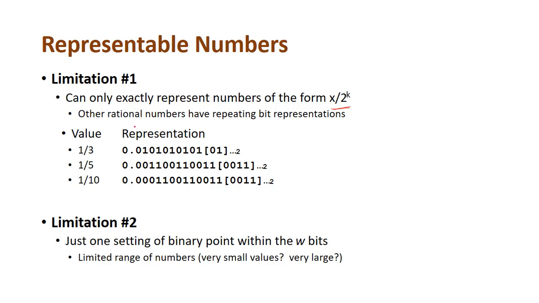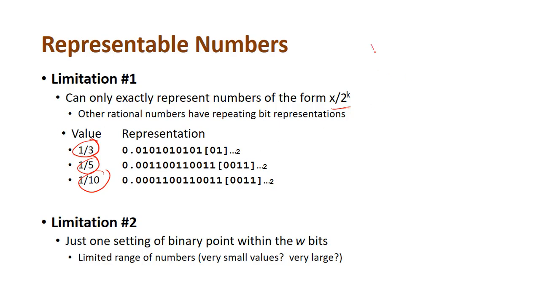All other rational numbers have a repeating bit representation. If I have 1 upon 3, 1 upon 5, 1 upon 10, after a few digits the number will go on repeating.